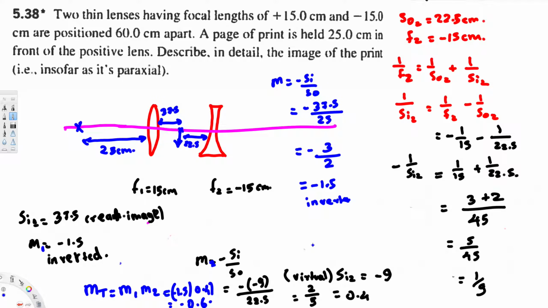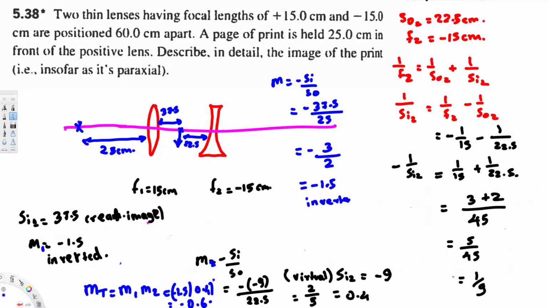Let's get clear about this magnification. The first magnification is related to the real object, that is negative 1.5, and that is inverted. So we had that image right here, and this image was the object for the second lens, right? The magnification we found for the second lens is with respect to the first image.